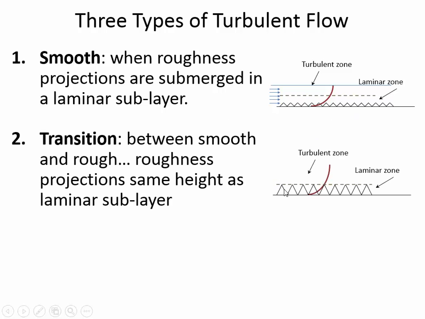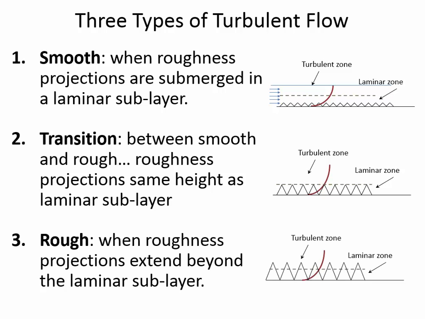Transition is when, just by pure luck, the roughness elements are at the same height as the thickness of the laminar layer. And then rough turbulent flow is when the velocity is moving very fast, the bulk velocity in the stream. So what that means is that there's a very thin laminar layer.